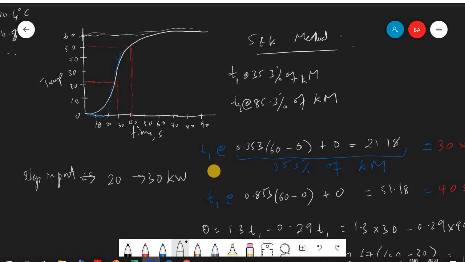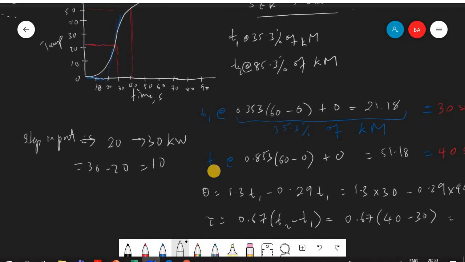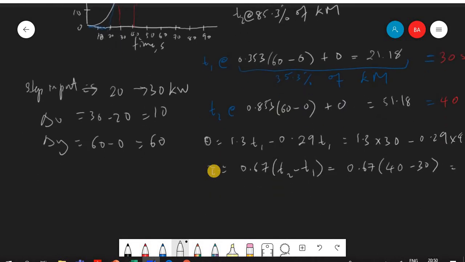So I'm changing this value. My input change here is 30 minus 20, which is equal to 10. That is the change of the input, and the output changes from 0 to 60, so the change is 60. To calculate k, it will be the change of output over the change of input, which is 60 over 10, equal to 6.